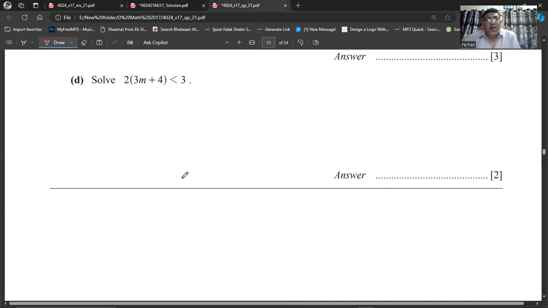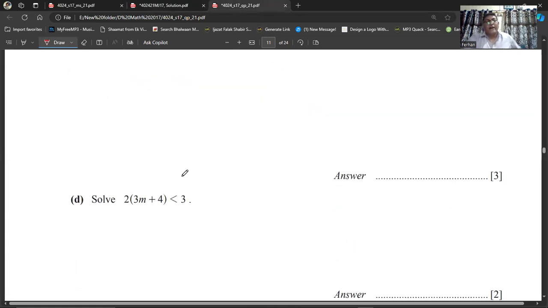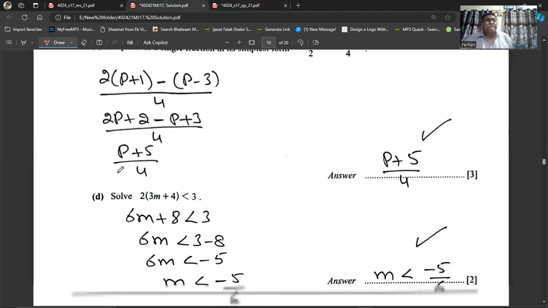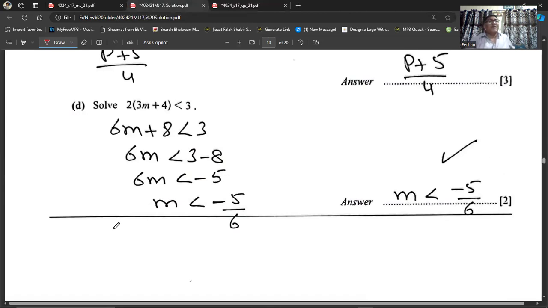Okay. Now we have question number 7 and its D part. He says solve. Solve means to find the value of that variable. So here we have 2 bracket 3m plus 4 bracket close less than 3. Very simple. We can open it, so you will have 6m plus 8 less than 3.